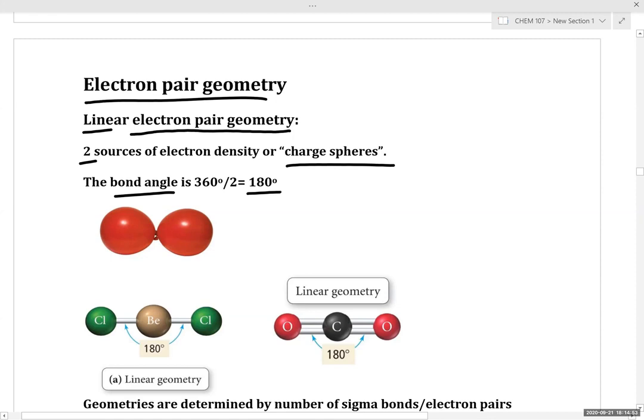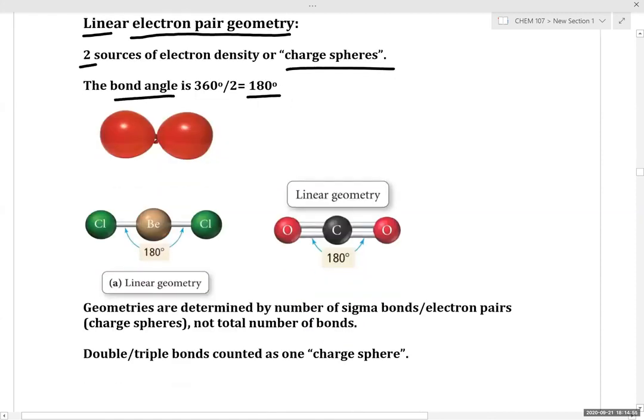Notice that we can have a linear geometry for beryllium dichloride and carbon dioxide. So thinking about carbon dioxide for a little bit, around carbon, how many charged spheres do we have around our central atom? How many bonded atoms and lone pairs? Not bonds, but bonded atoms.